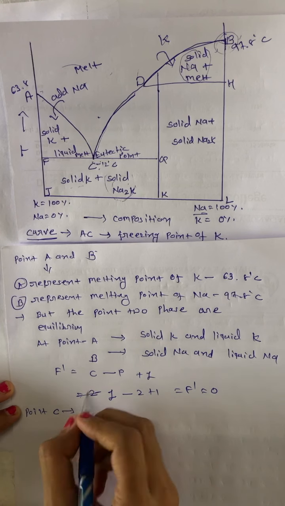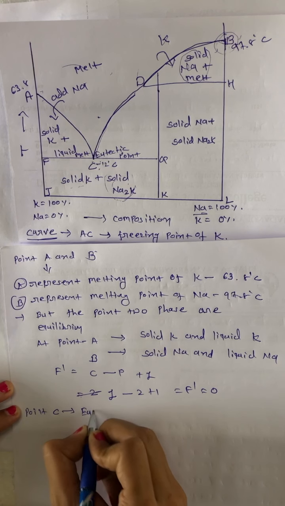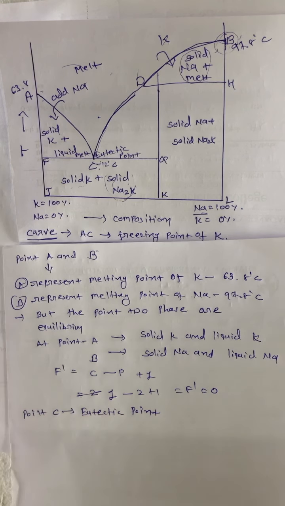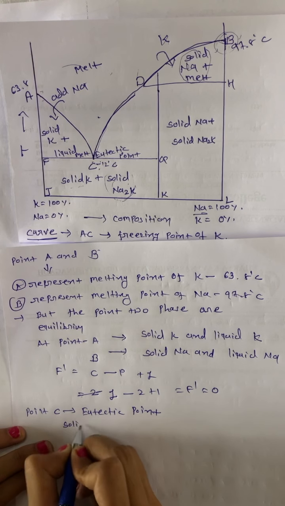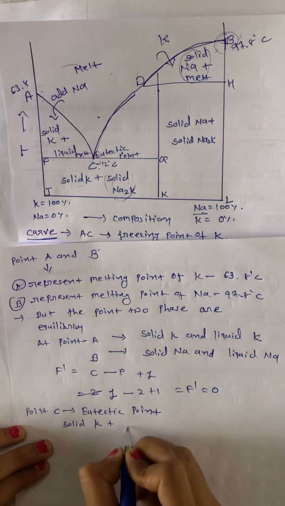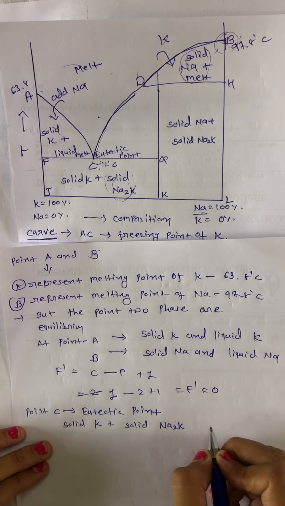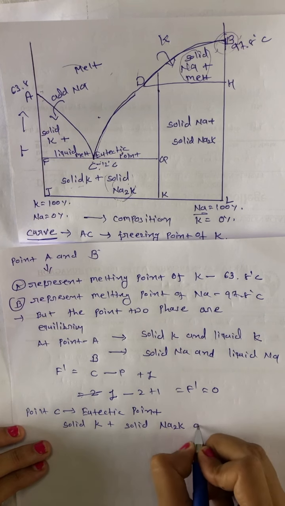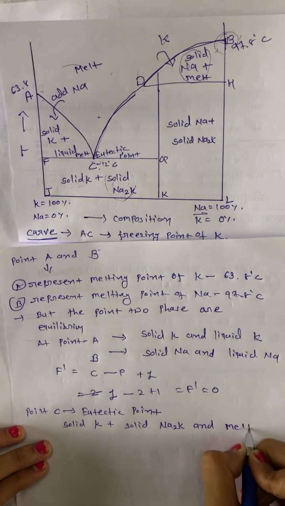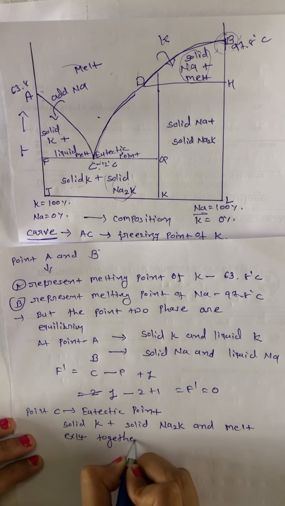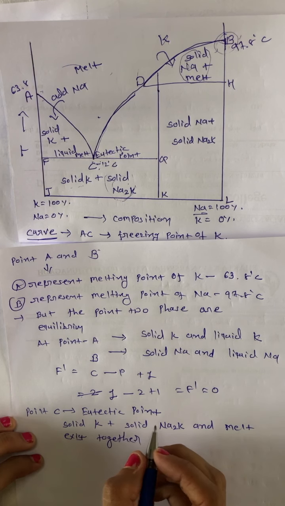Point C is called the eutectic point. At that point, three phases, solid K plus solid Na2K and melt, exist together, right?